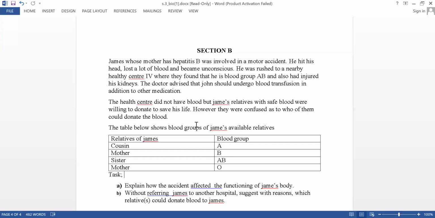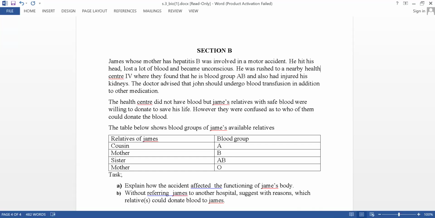So they say James, whose mother has hepatitis B, was involved in a motor accident. He hit his head, lost a lot of blood, and became unconscious. He was rushed to a nearby health center, where they found that he is blood group AB and had also injured his kidneys.